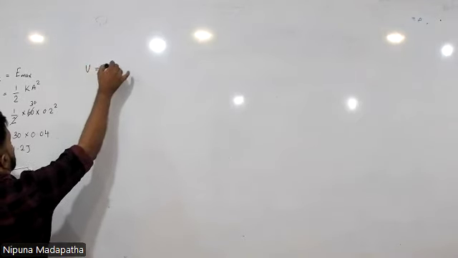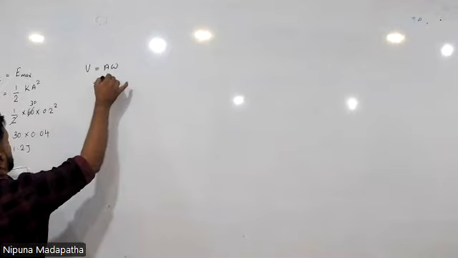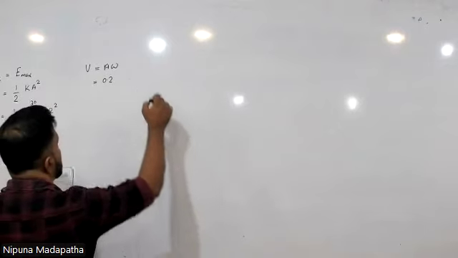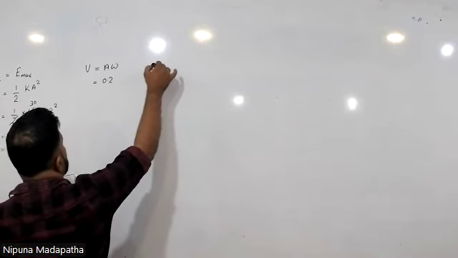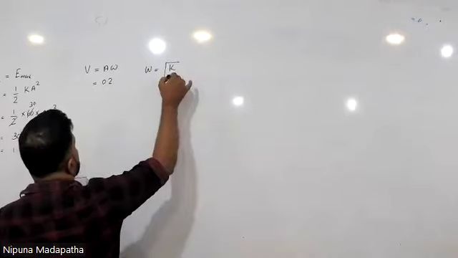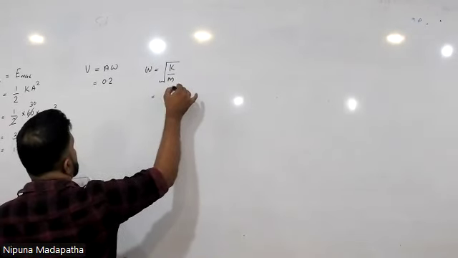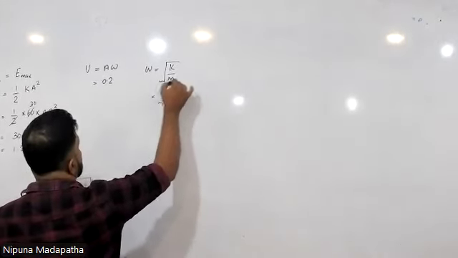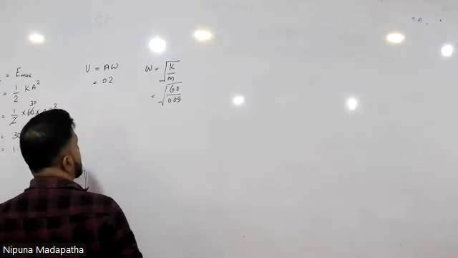is A omega. Amplitude 0.2. So what is omega? Omega of the expression is square root of K over M. K is 60, M is 0.05 kilogram.